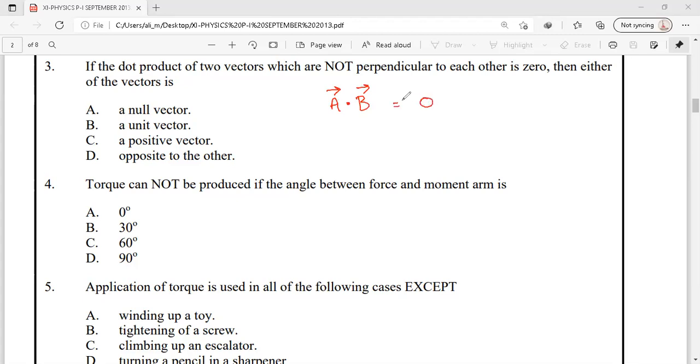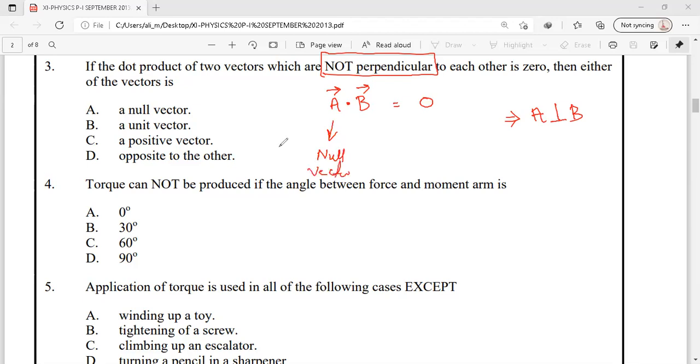One condition for the dot product to be 0 is that vector A is perpendicular to vector B. In this case, the dot product is equal to 0. But the question states that these vectors are not perpendicular to each other. So the other condition for the dot product to be 0 is if either of the vectors is a null vector.